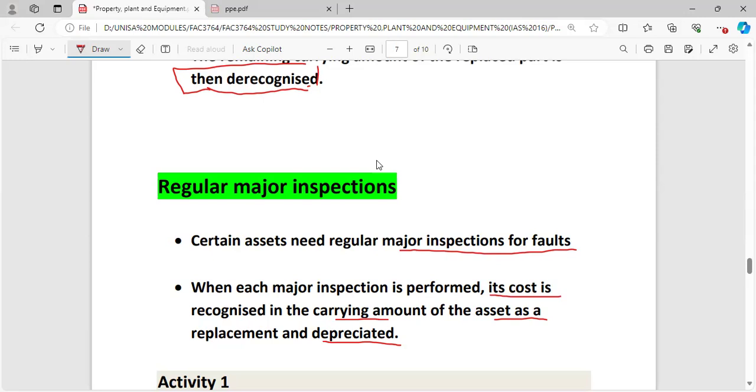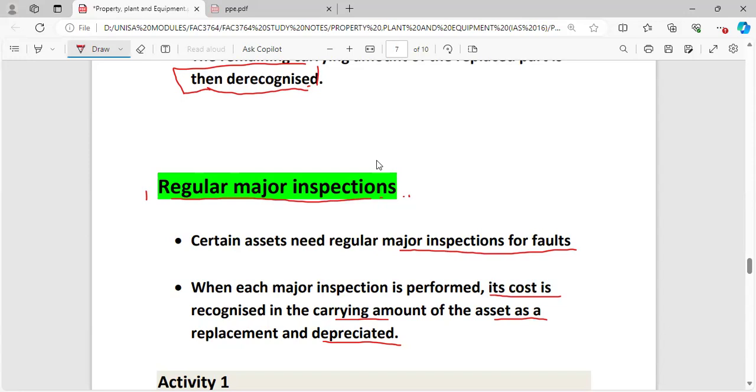In your questions, you will see they will say there is a regular inspection after so and so many years. Which means that the regular inspection is going to be part of the carrying amount of the asset, but we separate them so that we can depreciate them. The reason why we separate them is because they have different lifespans.